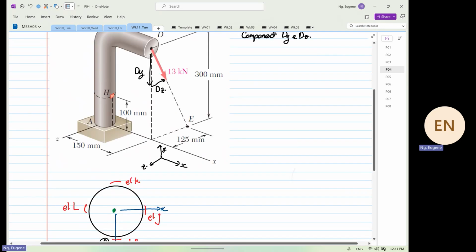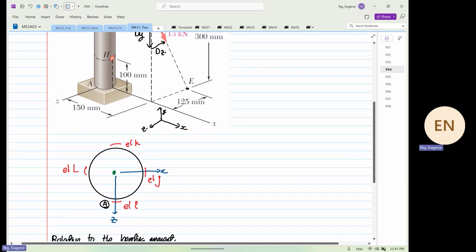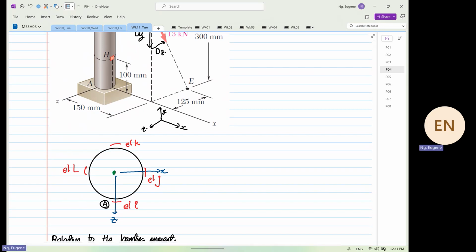Before I go on, for now, I have not a clue which element is under the higher normal stress and the higher shearing stress. The y is coming towards us, so I did not draw it.